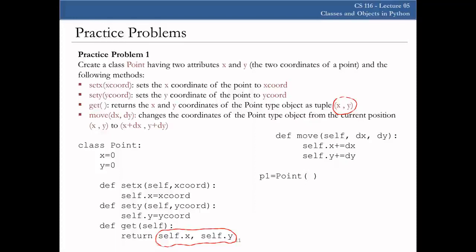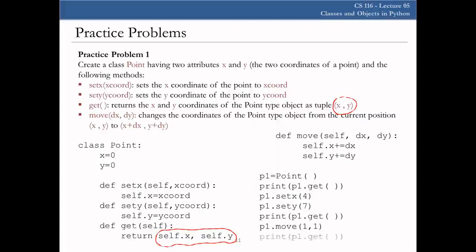Okay, I'm defining a class, and one object p1 of this class Point. Let's see the code first, and let me show you what output we'll get for this. Right now, the first statement, p1 is equal to Point, will instantiate an object, and that object is referred to by p1.